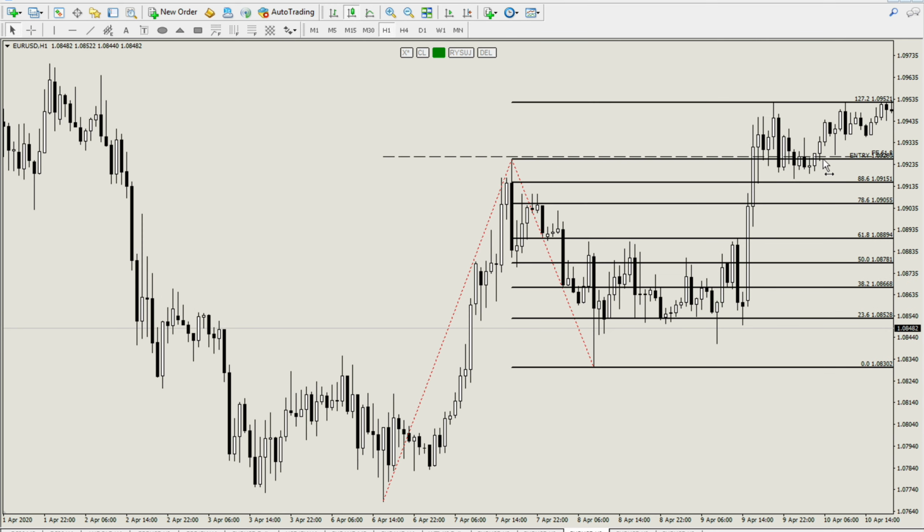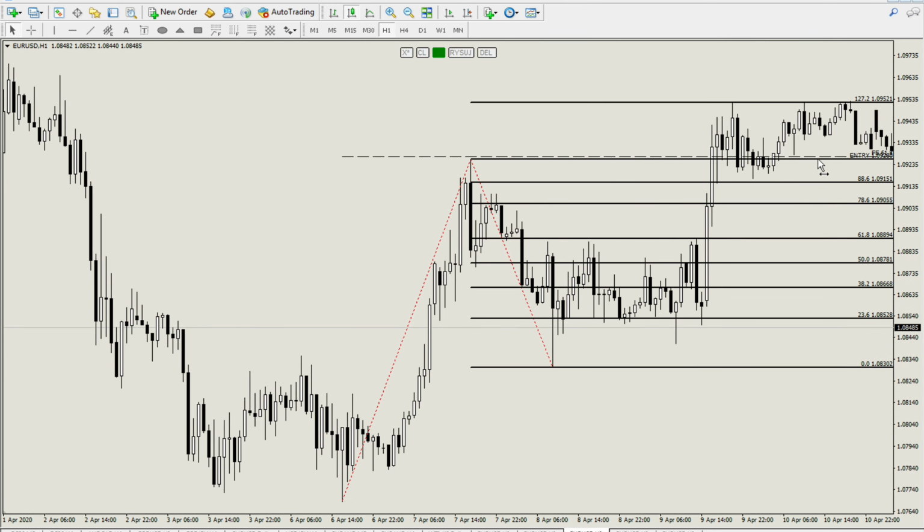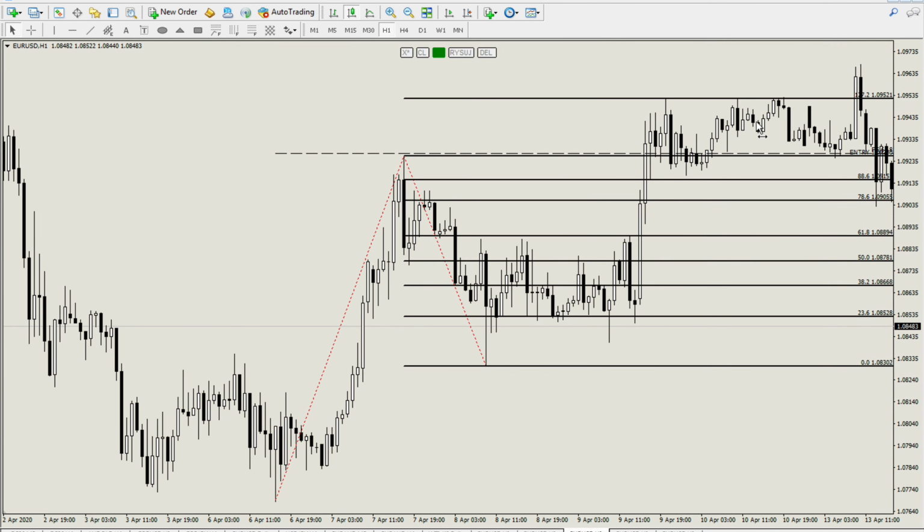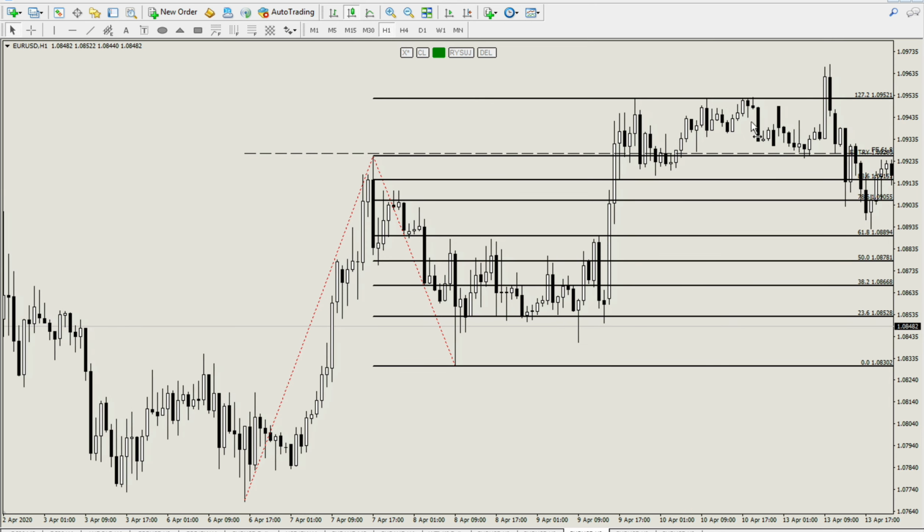So we are waiting for it to break. The resistance, you see, is like 3 times. So now we have a very nice triangle at this point. But of course, this is not a strategy for triangle. Let's concentrate on Fibo. So, boom, we are breaking, but it's a false breakout.